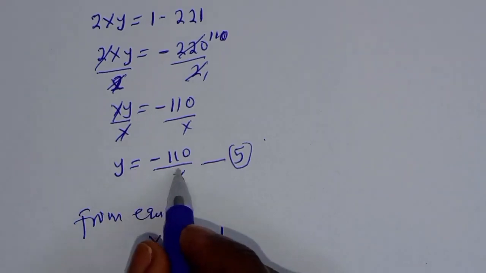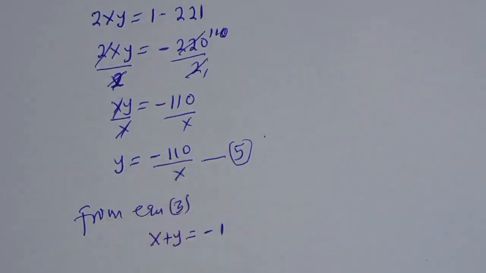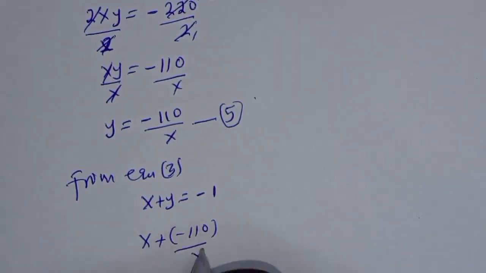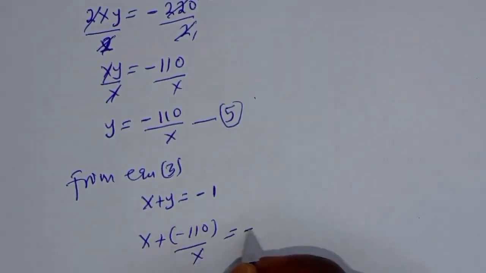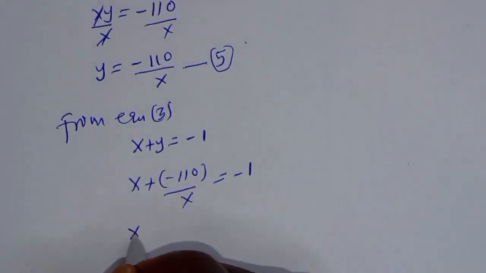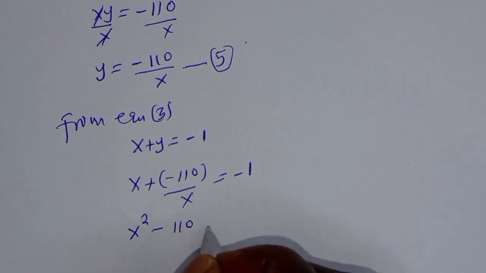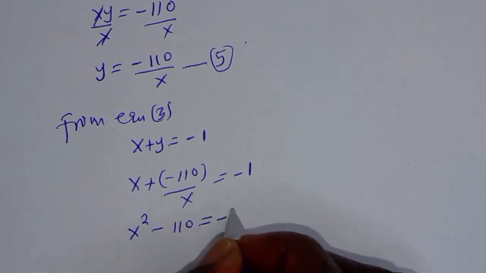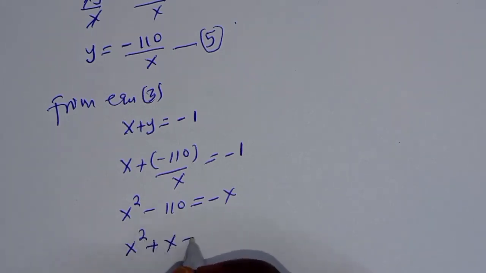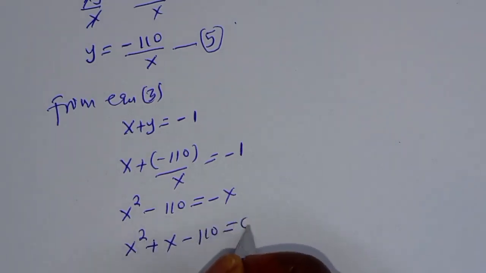Then we know that y is equal to minus 110 over x. This is x plus minus 110 over x is equal to minus 1. Then if you cross multiply, x squared minus 110 is equal to minus x. x squared plus x minus 110 is equal to 0.